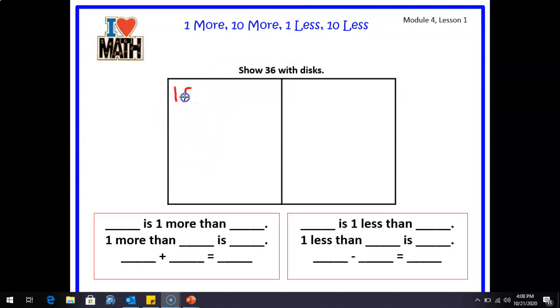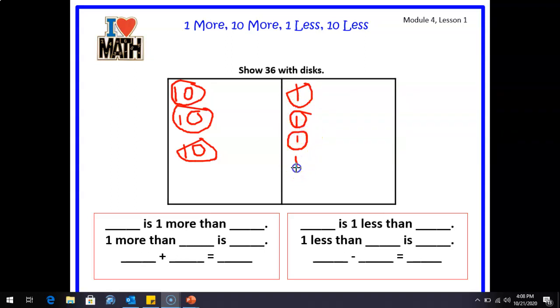Let me try one more time. 1 10, 2 tens, 3 tens, 1 1, 2 ones, 3 ones, 4 ones, 5 ones. Miss Bocanegra made a mistake. She went ahead. So here are my 5 ones and my 6 ones. Remember, we always put them in the 5 group column.